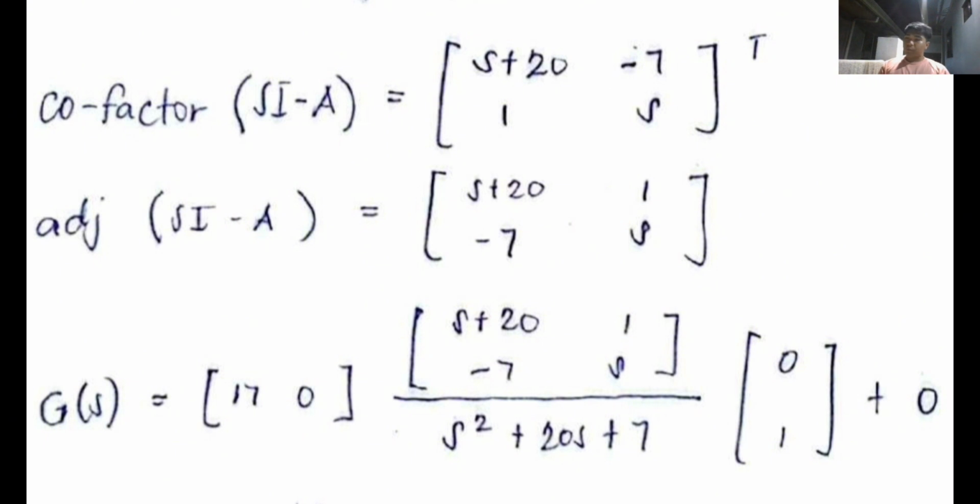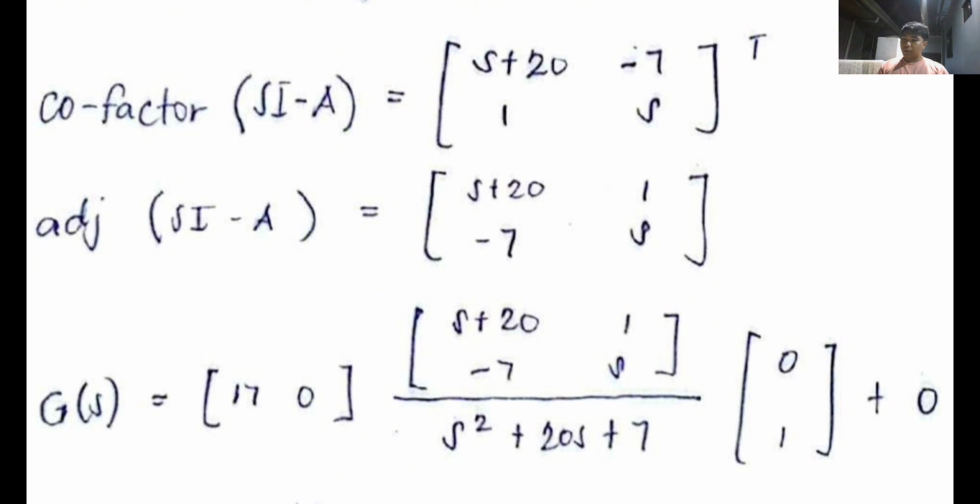So in this part, (sI minus A) raised to negative 1 is also equal to the adjugate over the determinant of sI minus A. So here, before we can find the adjugate, we need to find the cofactor of sI minus A. So that is my solution.